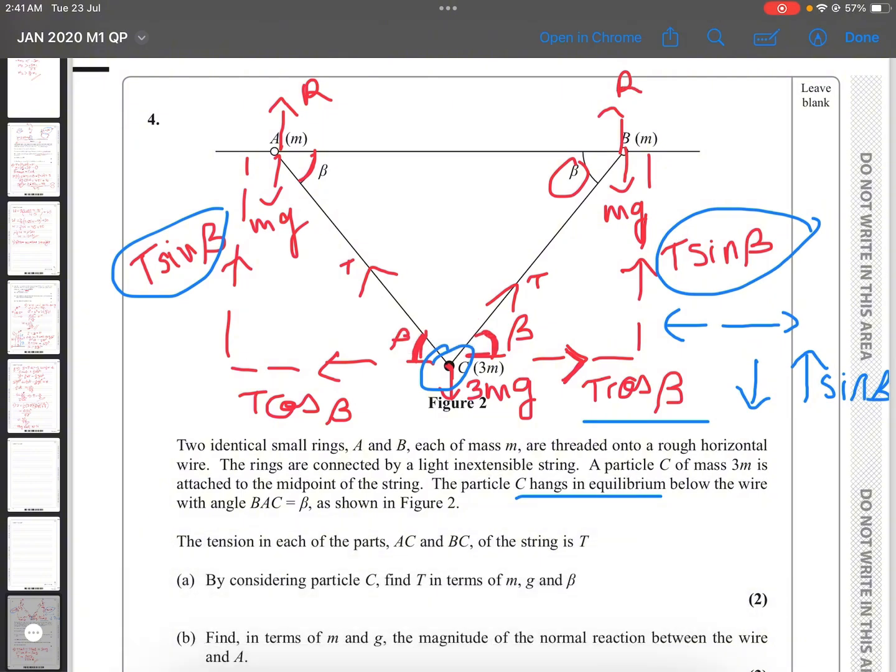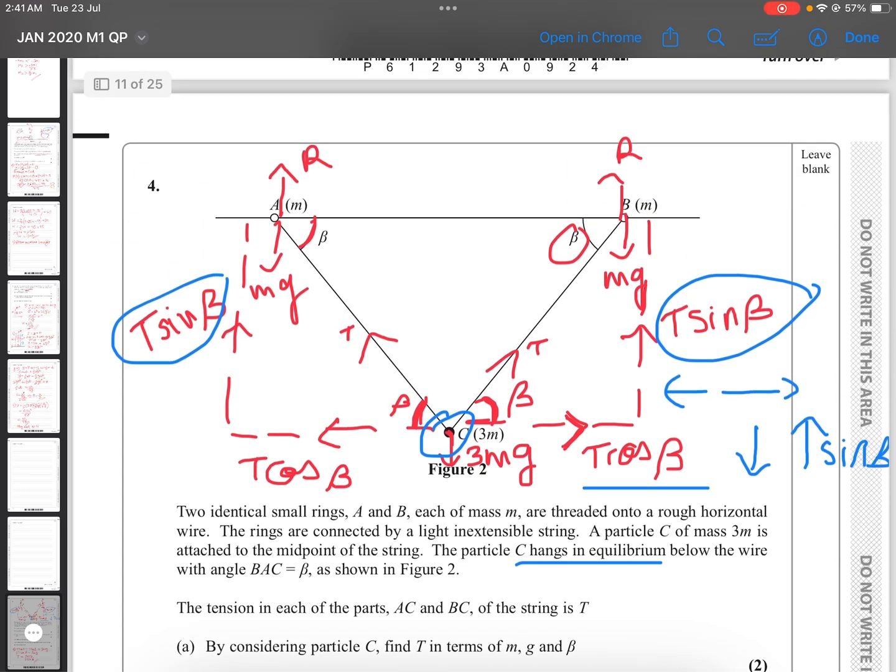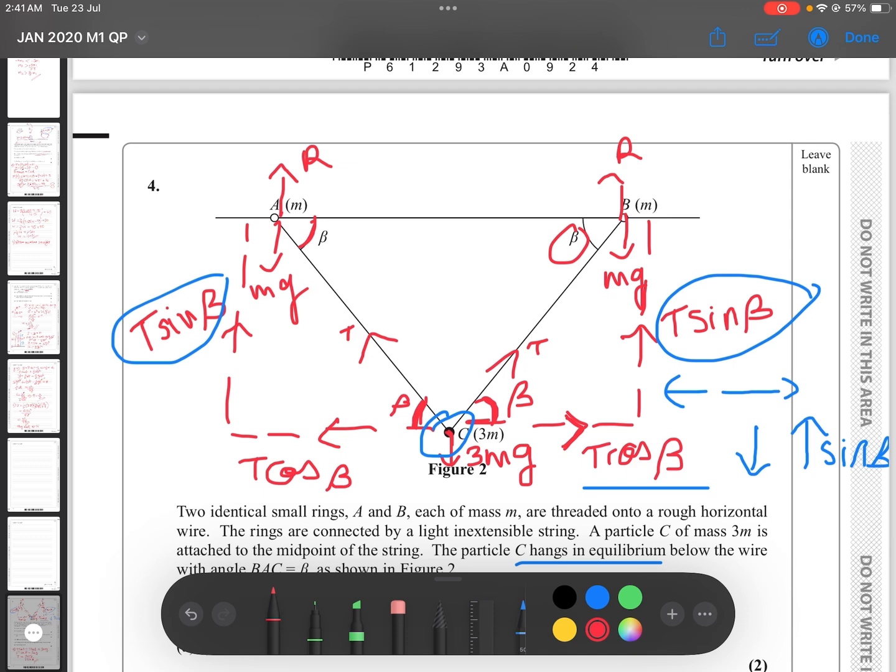And they say to find the magnitude of this R. Now considering only A, we can see what are the things acting on A. This T sine beta is acting, its weight is acting, and the R is acting.